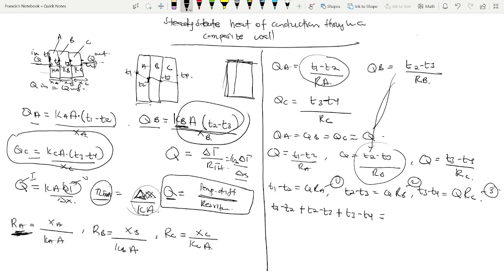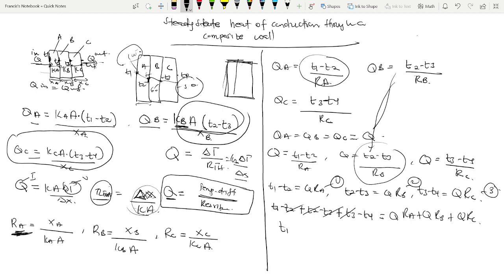So if this is at a temperature T1 of, let's say, 100 degrees Celsius, this at 80, this at 60, and this at 30, we want to find the overall temperature difference from this point to this point. And that should be equal to QRA plus QRB plus QRC. You realize that this and this will cancel out, this and this will cancel out.